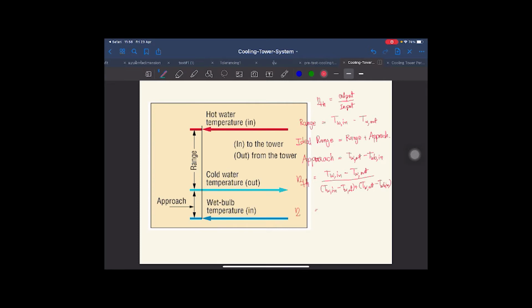Okay, then the performance or the efficiency of the cooling tower will be equal to (temperature of water inlet minus outlet) over (temperature water inlet minus temperature wet bulb inlet of the air). Okay.